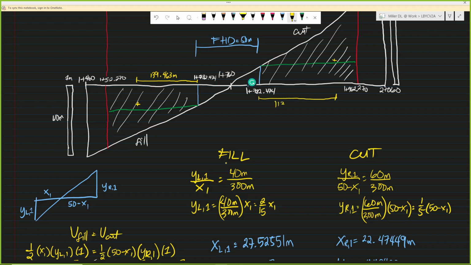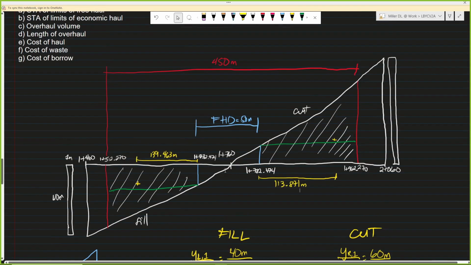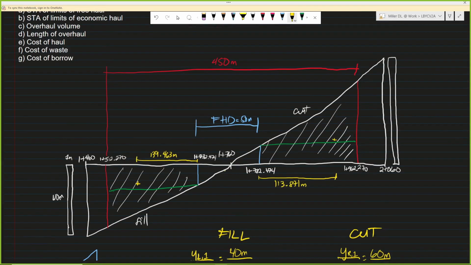What's that? 113.871 meters. Okay? So, ito yung centroid. So, itong centroid na to, project natin to sa taas.